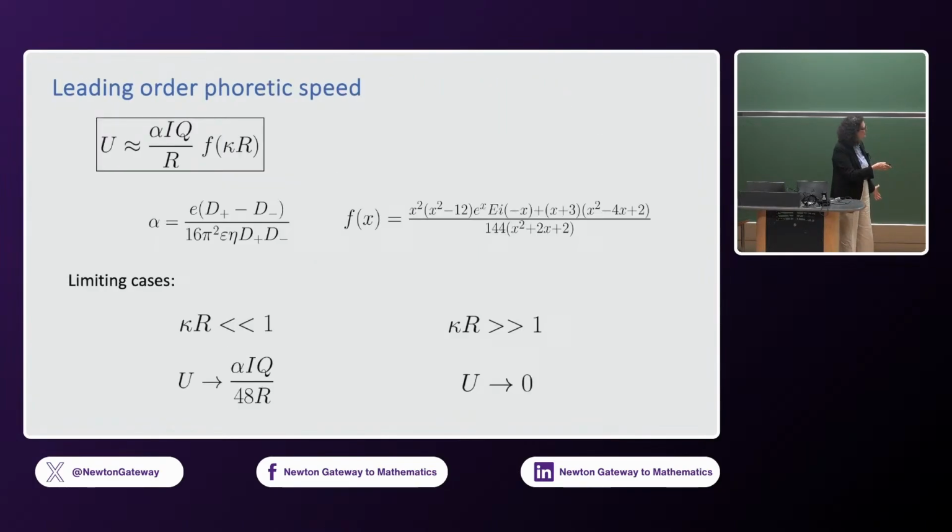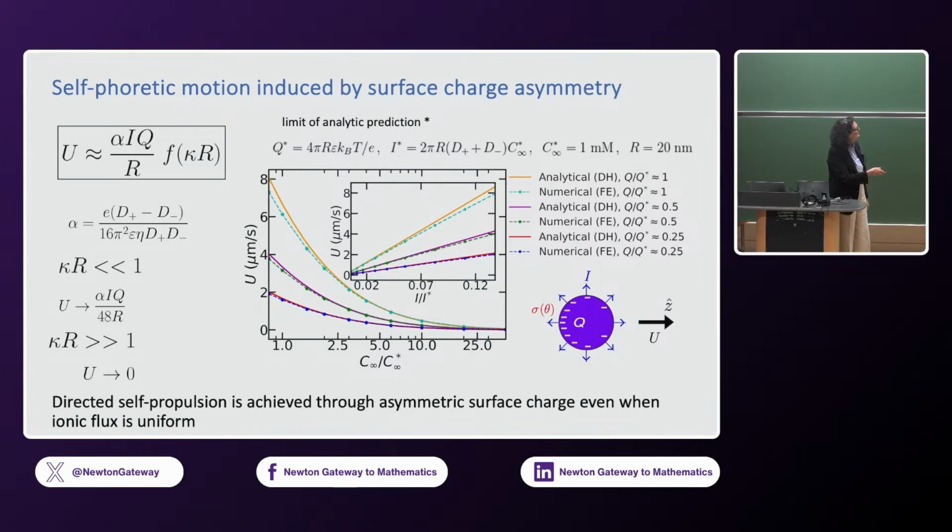You can do an expansion again, and what the expansion allows you is to get an analytic equation, and this analytic equation at leading order is just a function that depends on the coefficient of the different diffusivities, and the function that in the limit of very small will just go to this coefficient value, 48. R is the size of the particle, and in the very large limit, it will not move.